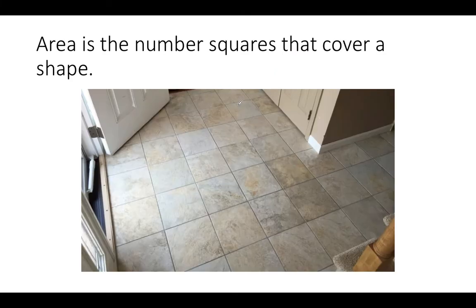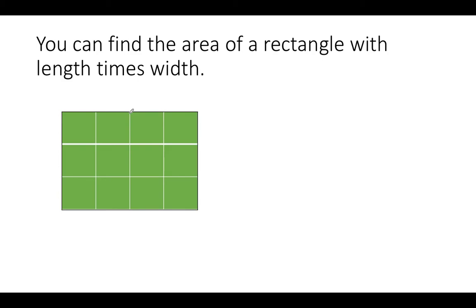We said that area is the number of squares that cover a shape. Squares are really nice because they fit together in both rows and columns without any space in between. So we use them to tile and we use them to cover all sorts of things. And so we're going to use squares for our area too, right? And we also talked about how you can find the area of a rectangle with length times width.